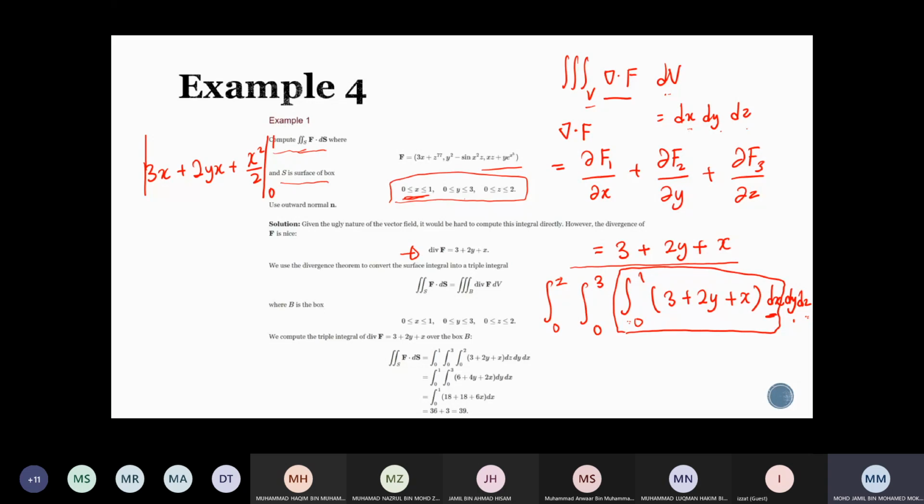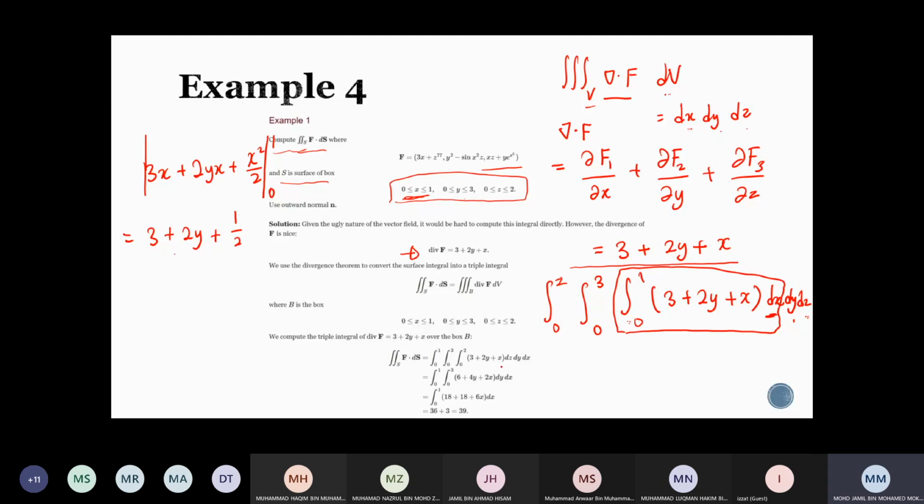So you end up with 3 plus 2y plus 1/2, and then substitute x equals 0, so you get all 0. Okay, so you end up with this.